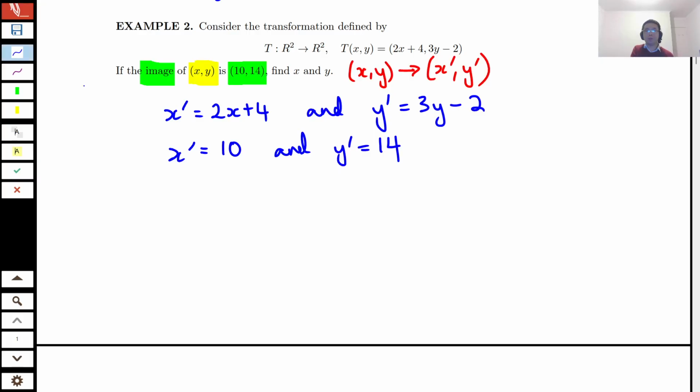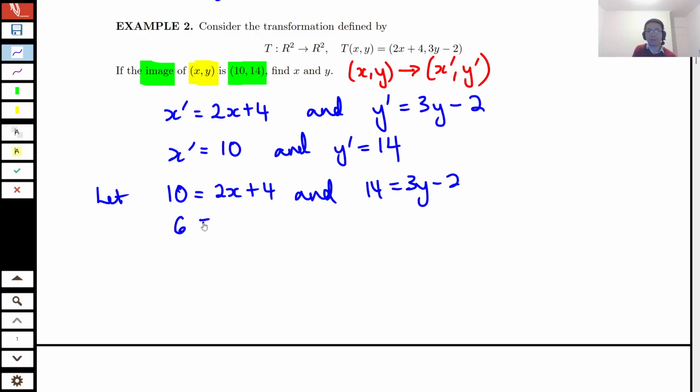In this question, we're told the new coordinate after the transformation, and we want to work backwards. So now what I need to do is solve for the original coordinates, x and y. At this point, the math is relatively straightforward.